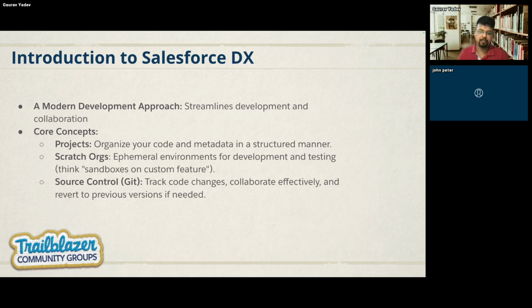Instead of keeping a backup in your local org, you can put what you are developing into the source control system, and from there it is visible to everyone. Everyone can take a look at it. So that's the source control system. But today we are not going to touch on that one. Today we are just scratching the surface of VS Code.